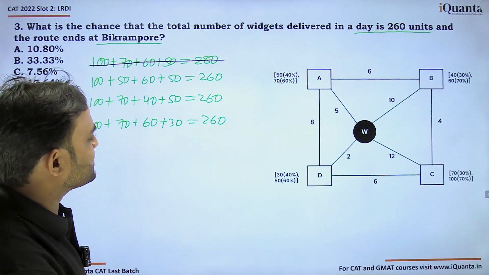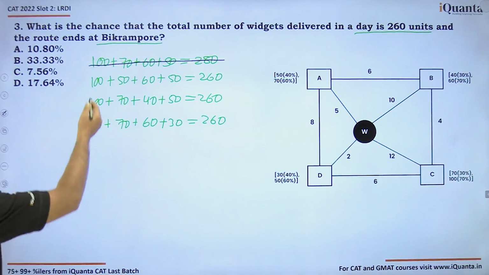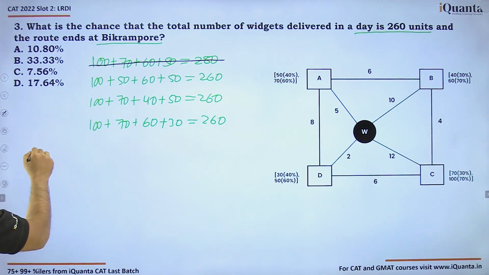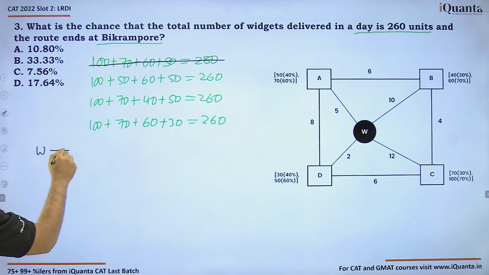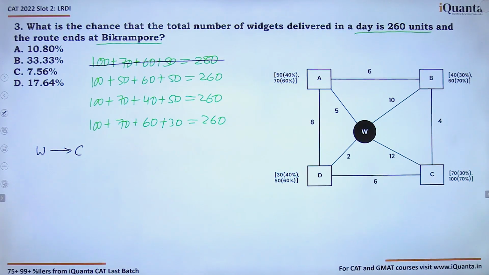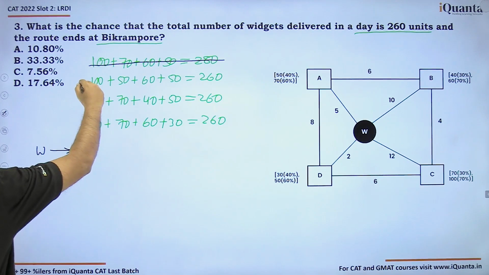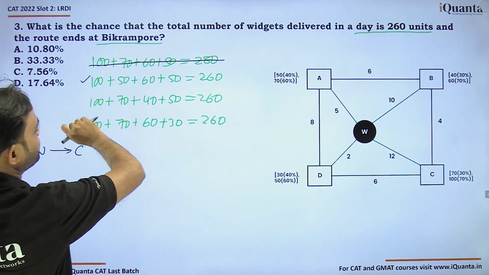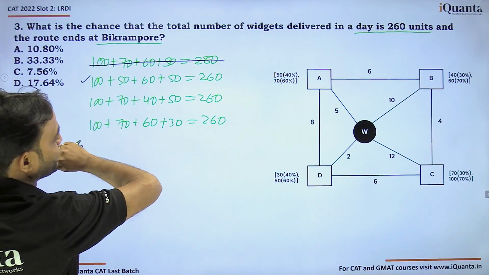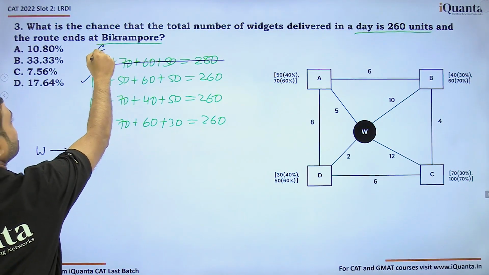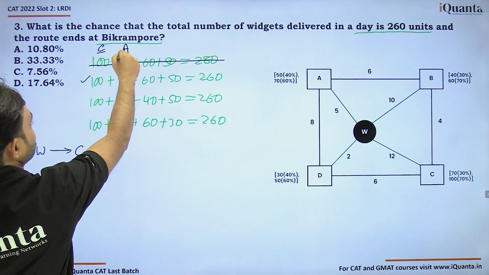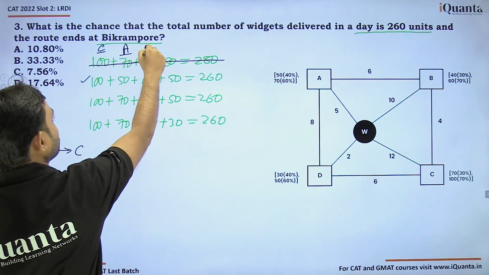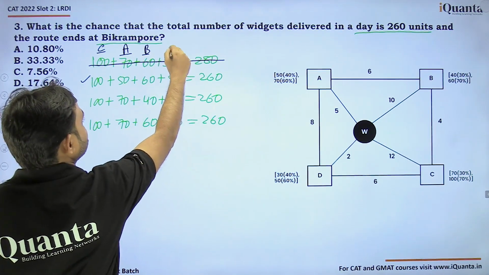So we are definitely going to start with C, right? Because 100 units demand. So we are going to start with W, then we are going to C. After C, in this first case, there is 50 units of demand at A. So these are basically C, then A, then 60 and 40, this is B, and then D. Okay.